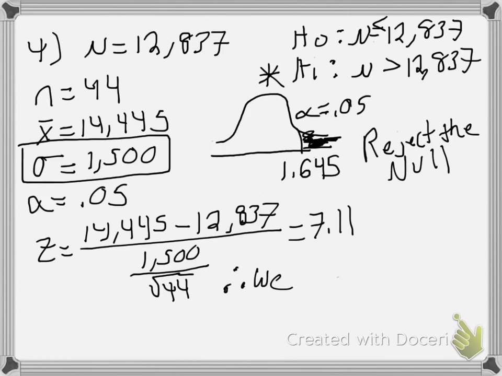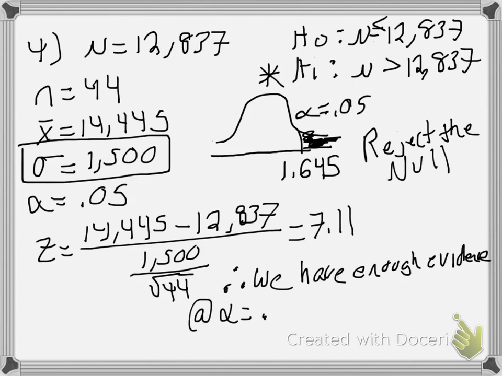We rejected, so we have enough evidence, at alpha equals 0.05, to, again, our claim was H1. Since we claimed H1, that means that we are going to support whatever this is.